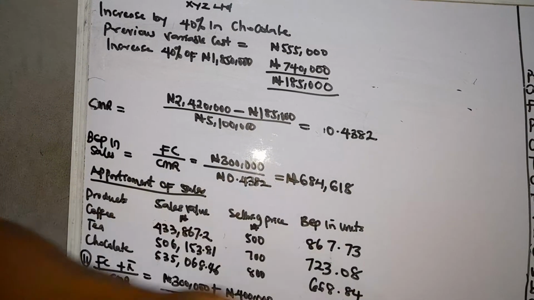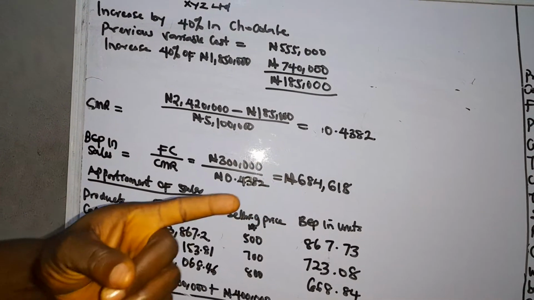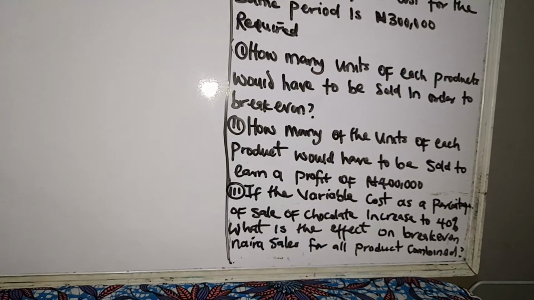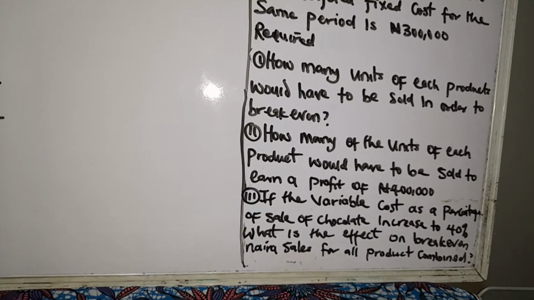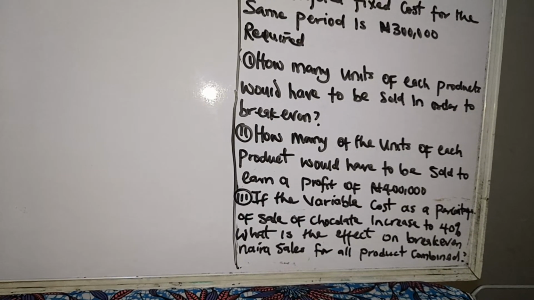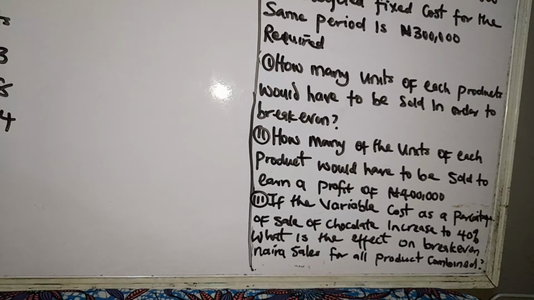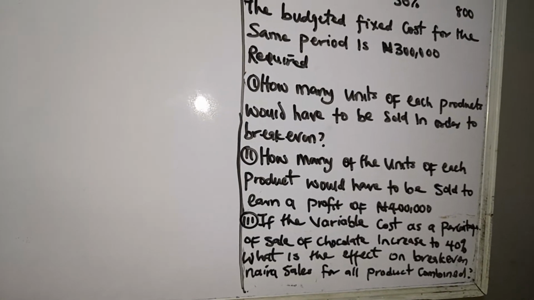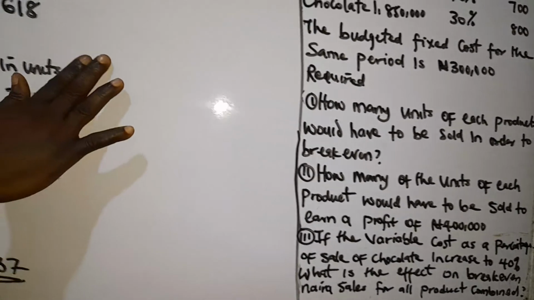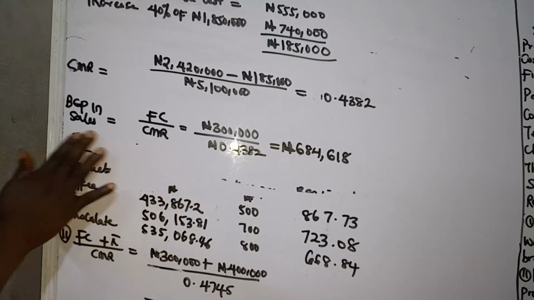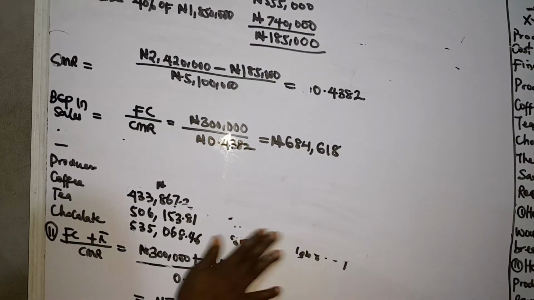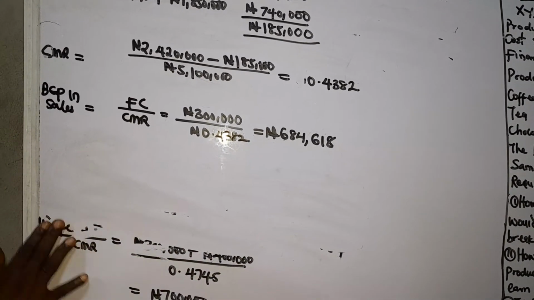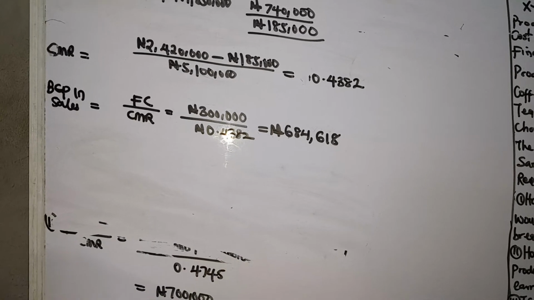But the examiner is asking what will be the effect on break-even point in naira sales for all the three products. So now let's quickly look at this again. What was the old break-even point?